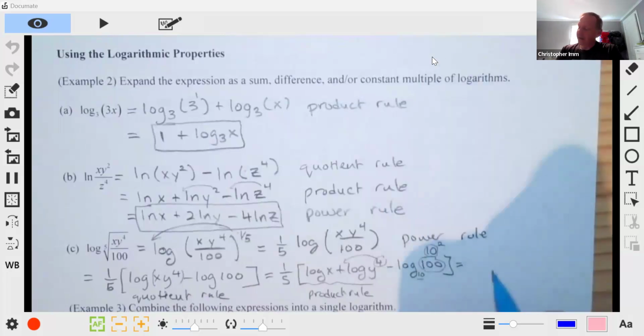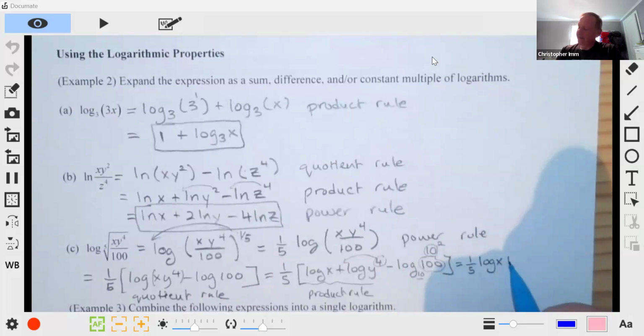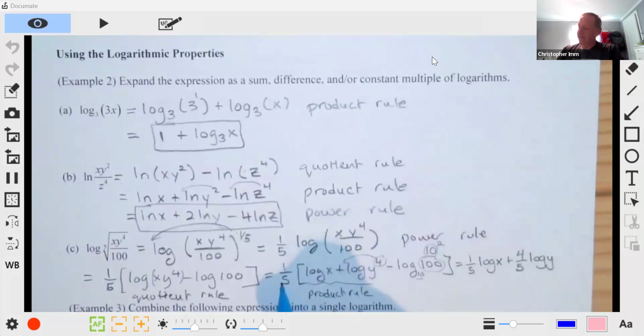This is going to give me 1/5 log x plus, bring the 4 down, 4/5 log y, and then I have 1/5 times this 2, so minus 2/5.